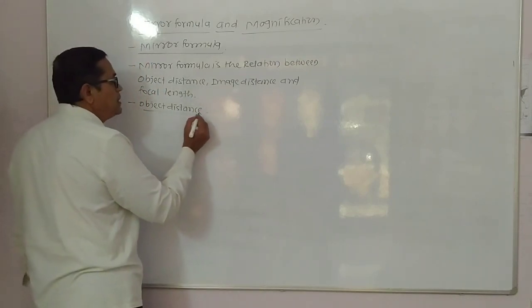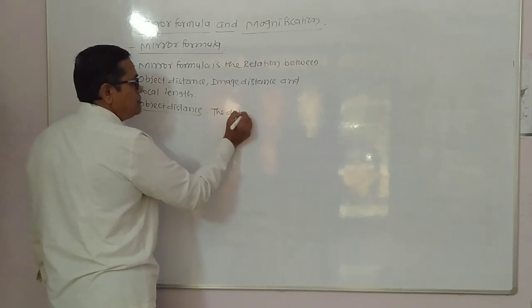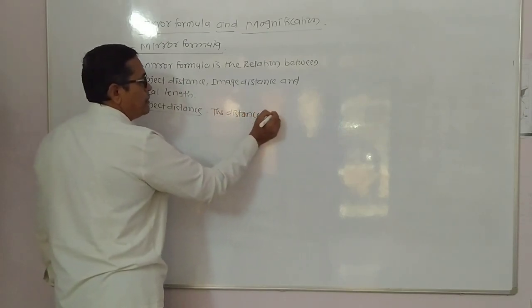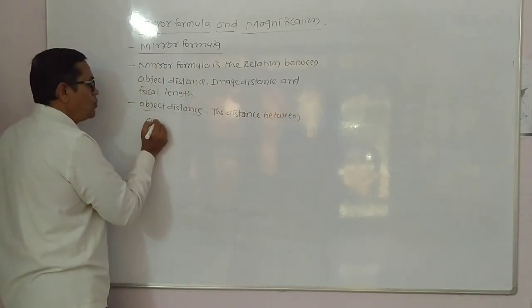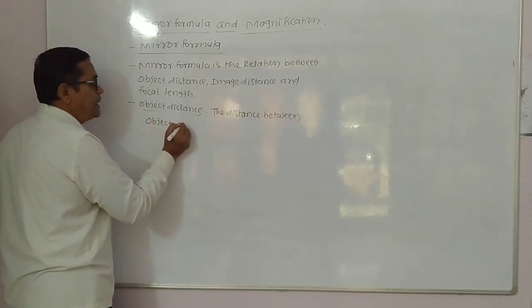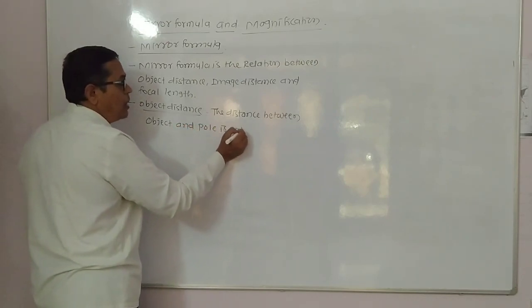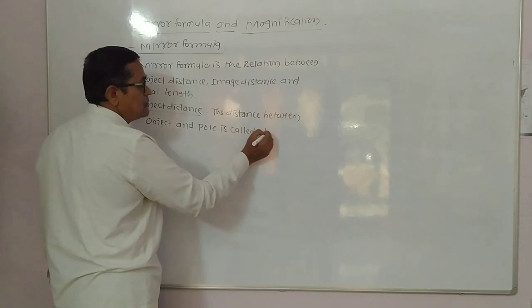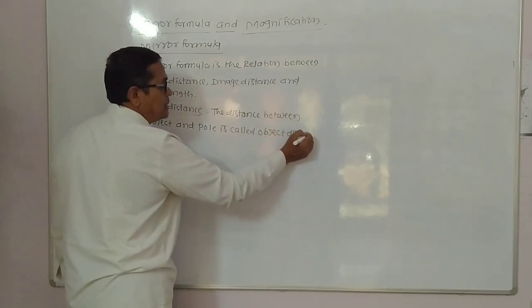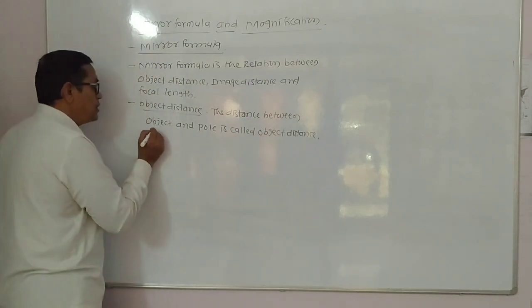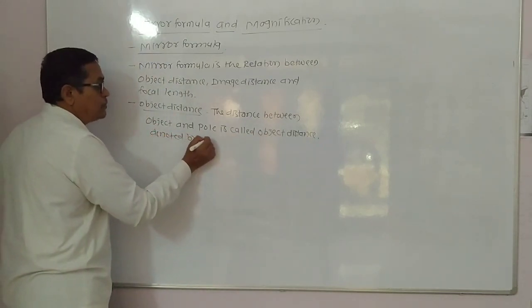Look here, the distance between object and pole is called object distance, and it is denoted by small u.